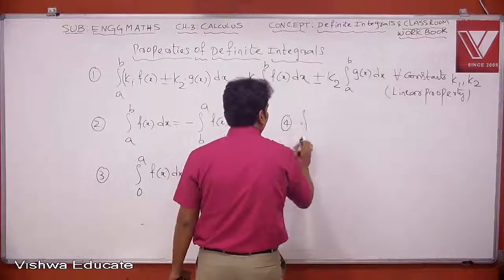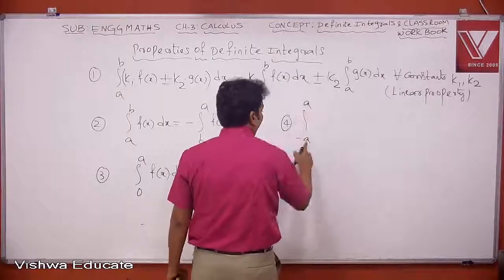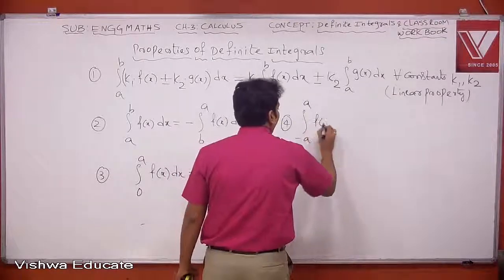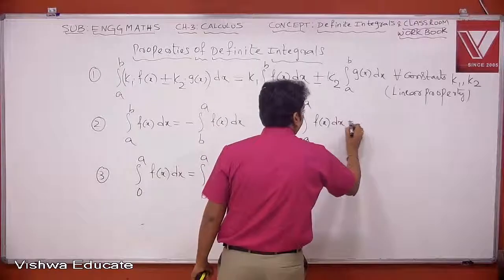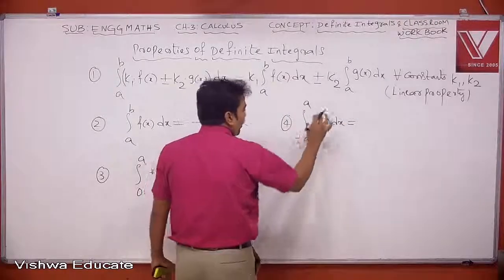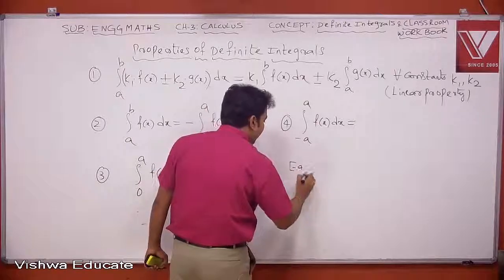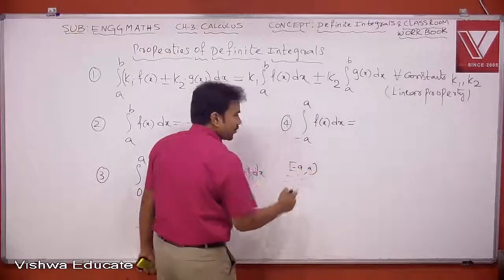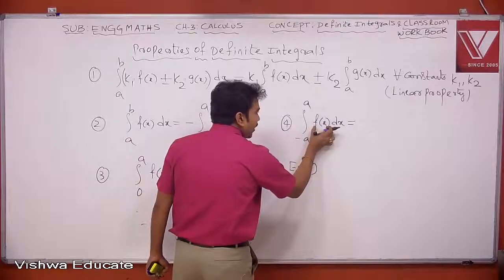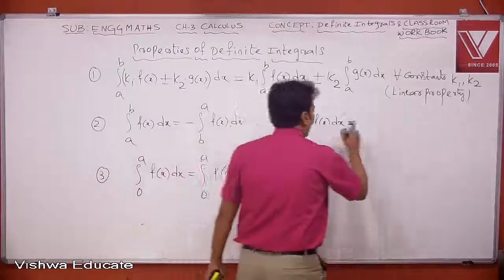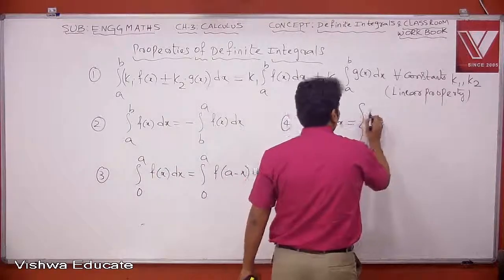Now let us go for property number 4. This is also very important. Integrate the function from minus a to plus a: integral minus a to plus a f of x dx. When you are integrating a function in the closed interval minus a to plus a, check whether it is an even or odd function. If it is odd, then its value is 0.